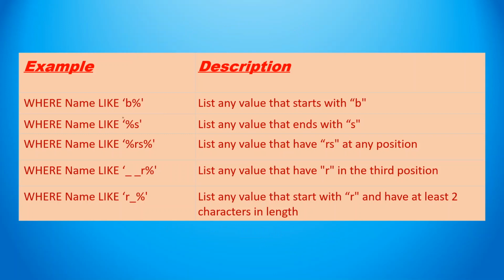Here are some examples of pattern matching. Where name like B percentage. Percentage I have told you resembles multiple characters. So it will list any value that starts with B. It will list all the students whose names start with B. Here it will display all the names which end with S. It will display all the names which have RS in between the name.